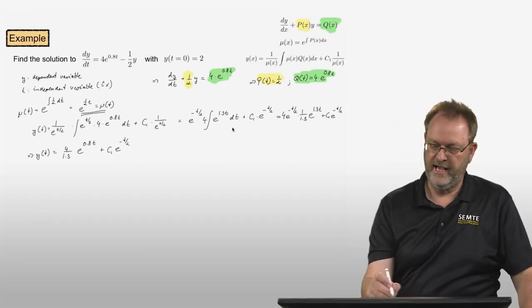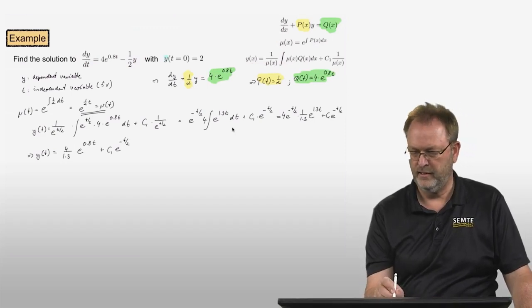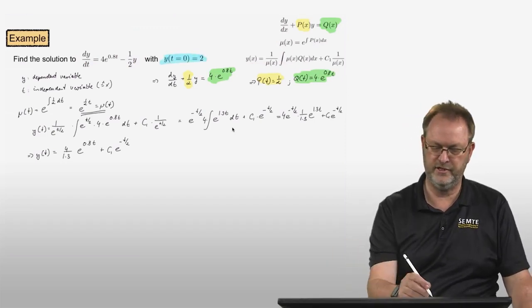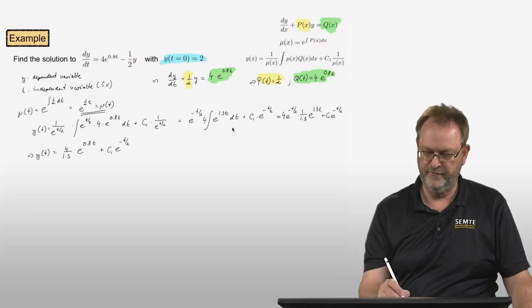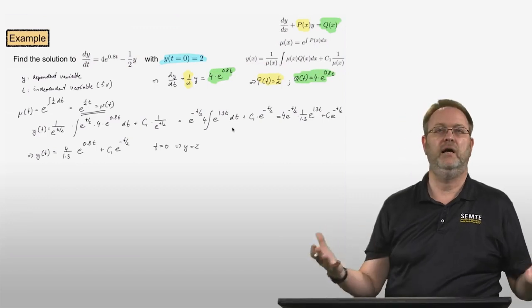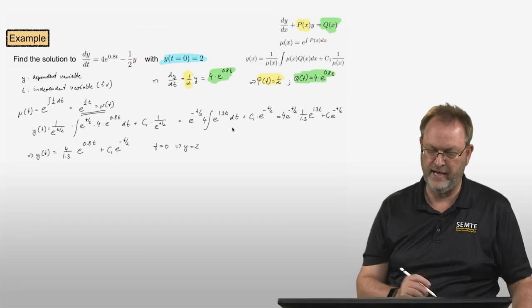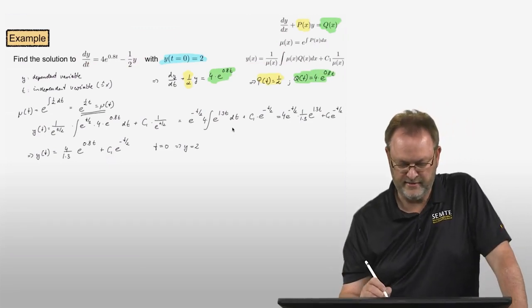Now, we also have, over here, the constraint, the initial condition, that if t is equal to 0, then y should be equal to 2. And that should help us define this constant c1. So let's just plug this in.